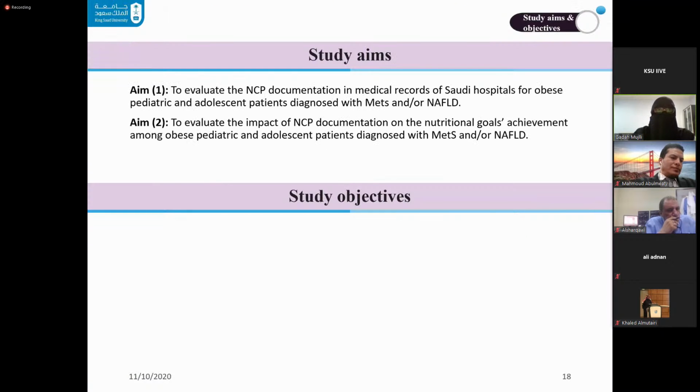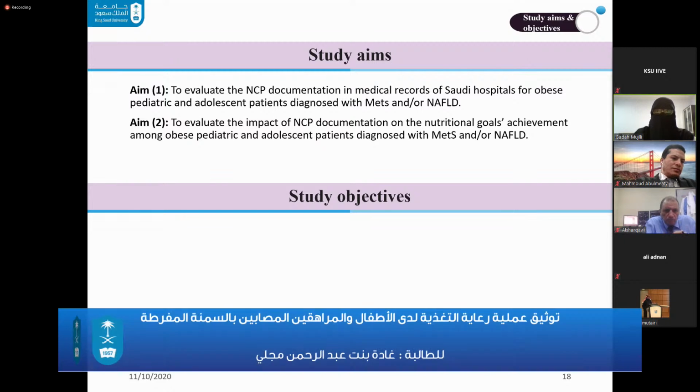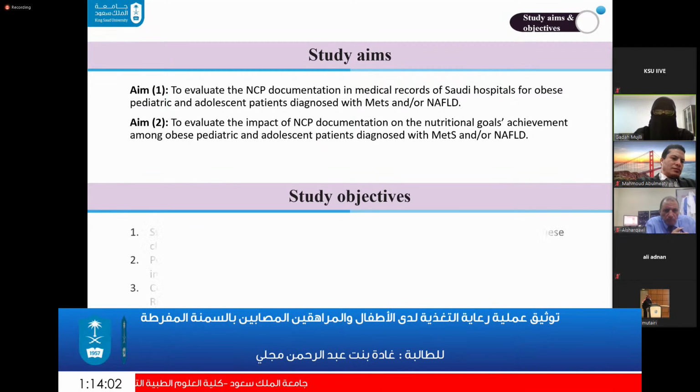The study has two aims. The first one is to evaluate the NCP documentation in medical records of Saudi hospitals for obese pediatric and adolescent patients diagnosed with metabolic syndrome and/or NAFLD, and to evaluate the impact of the NCP documentation on nutritional goals achievement.